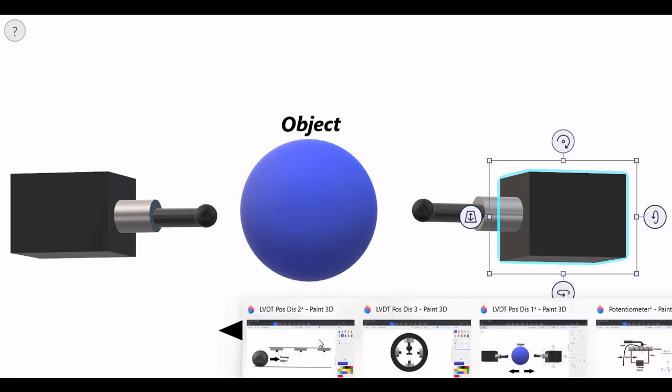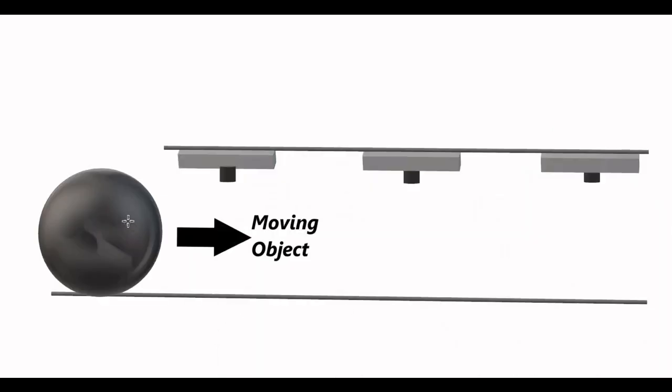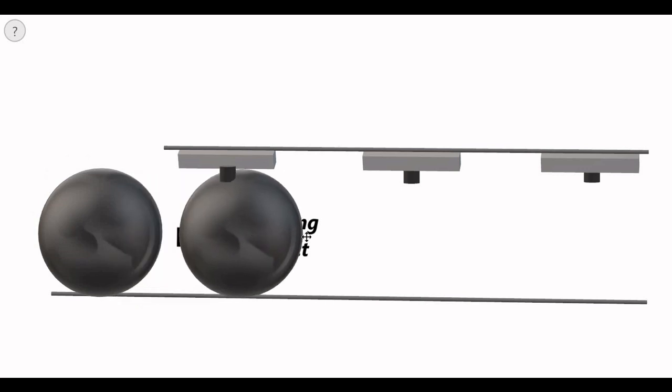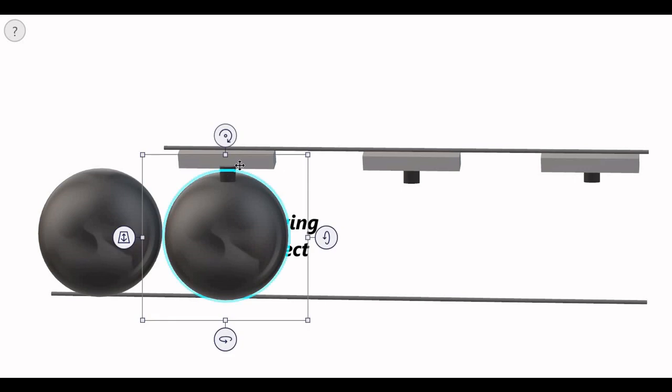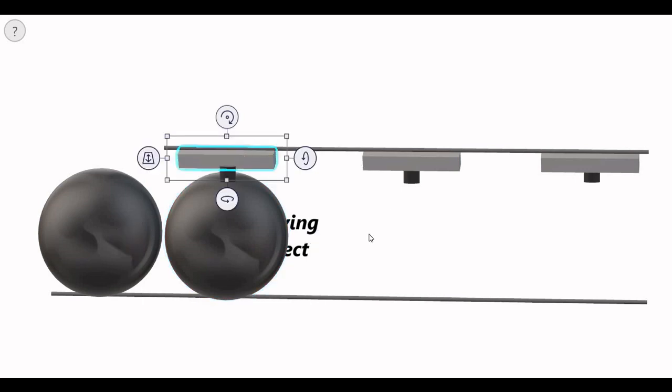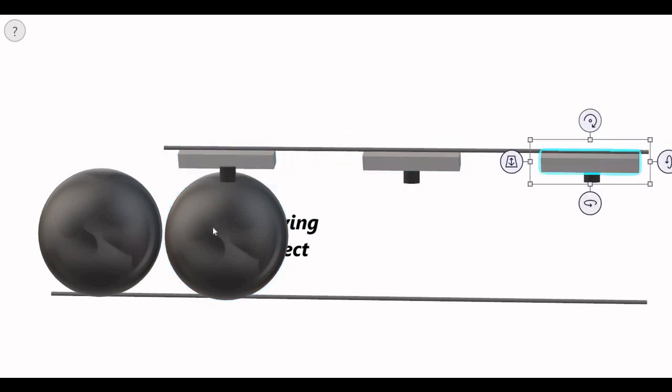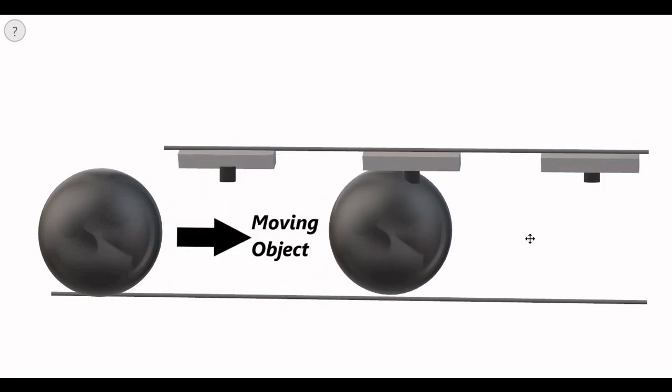Then we have continuous position and displacement tracking. This object moves, let's say, along the positive x-axis, and as it moves and strikes the different positions, the particular sensors are triggered, which are placed at fixed separation gaps.